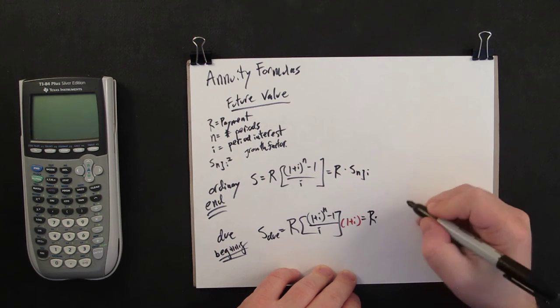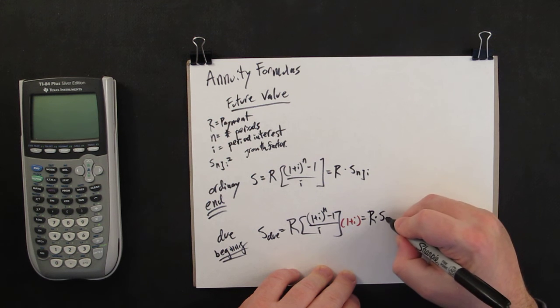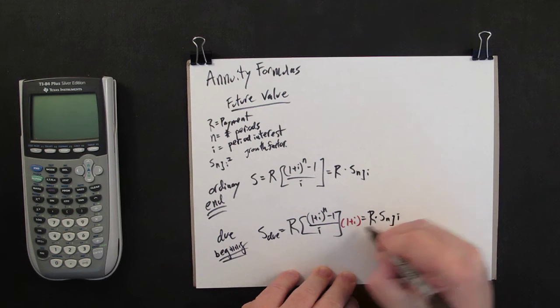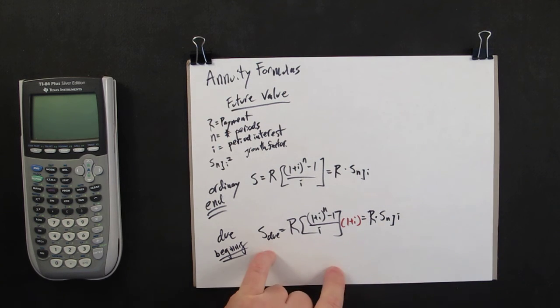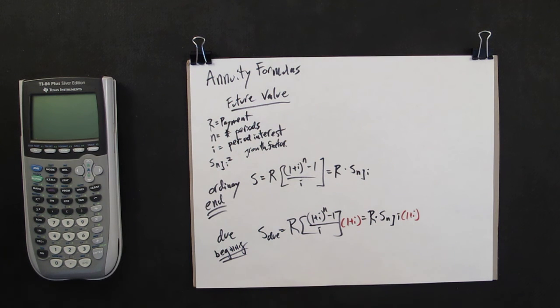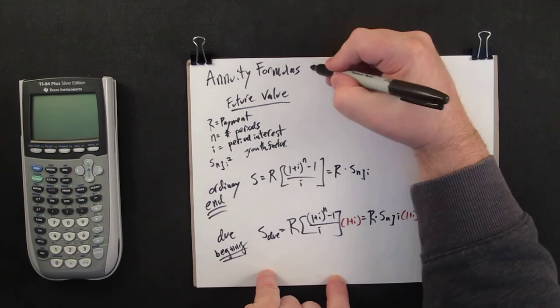Then in terms of the other notation, so it's S_N angle I, and then you have to multiply by this additional period interest. Okay. This is part 1.